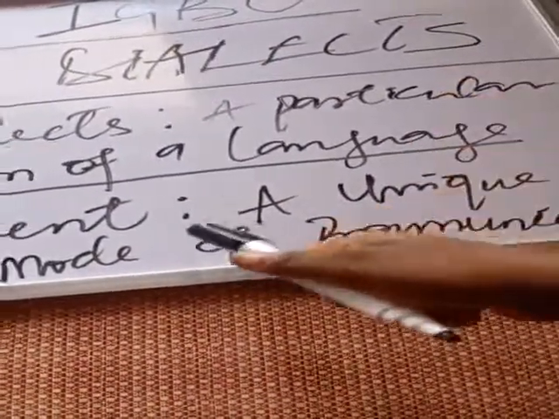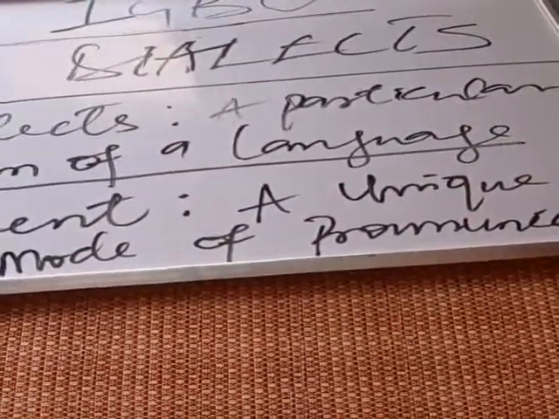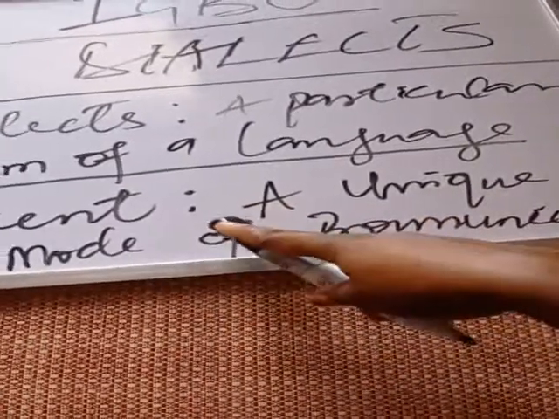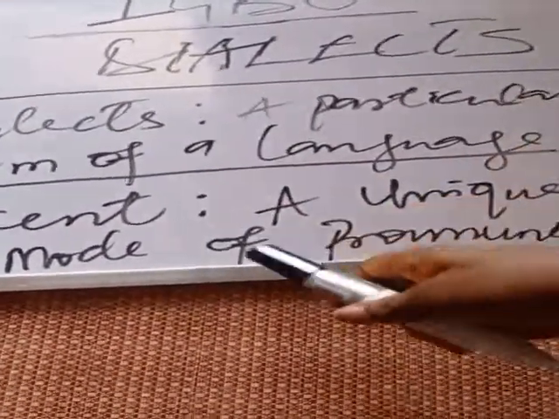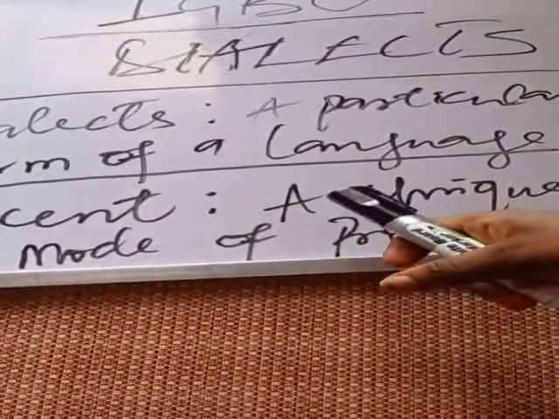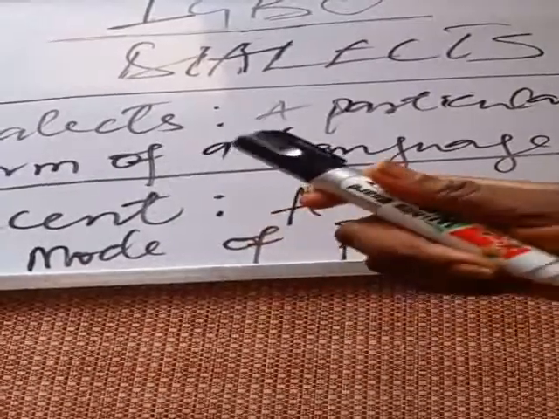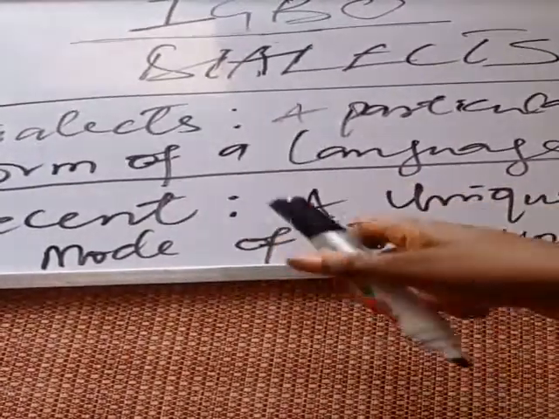Accent is the way people sound. It's actually the same words, but they pronounce them with a different sound. A dialect is like a different word, a form of the language. It's still the same language, but it's different.